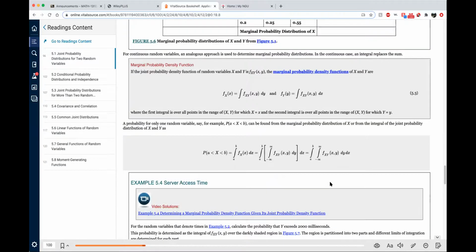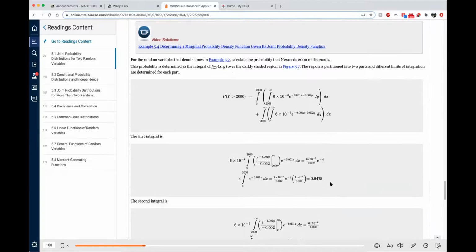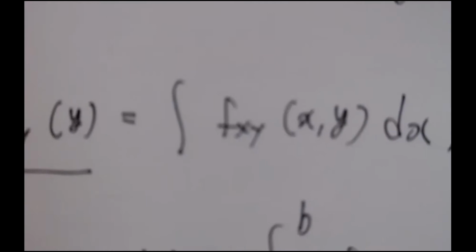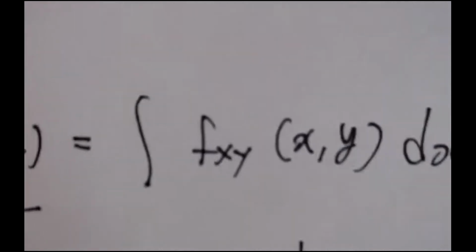So now we move to example 5.4. All right. How can I do this one?